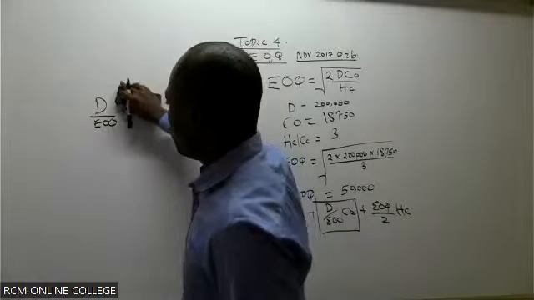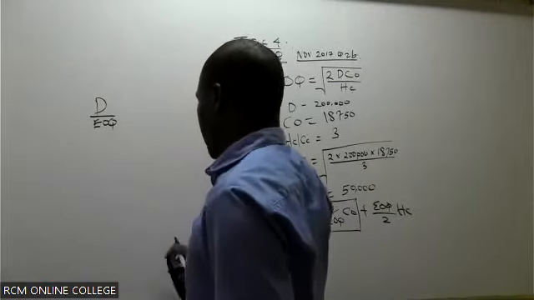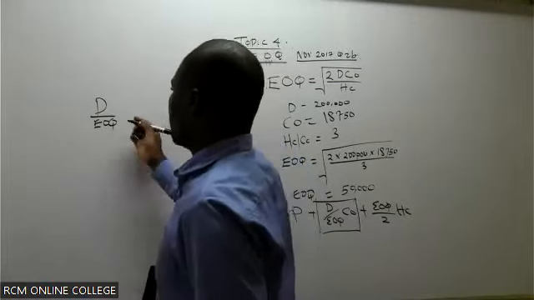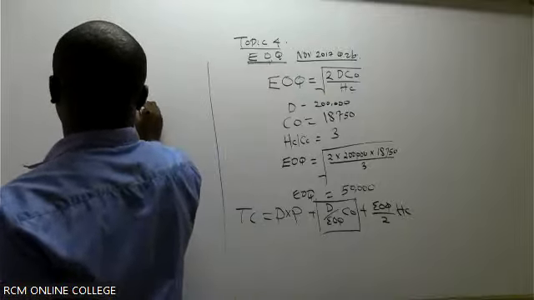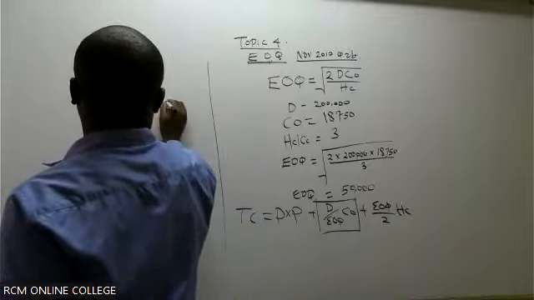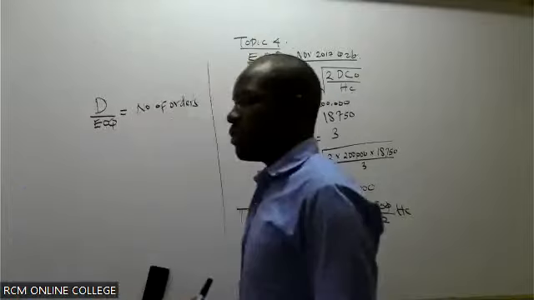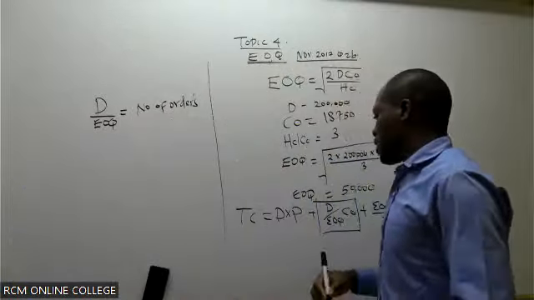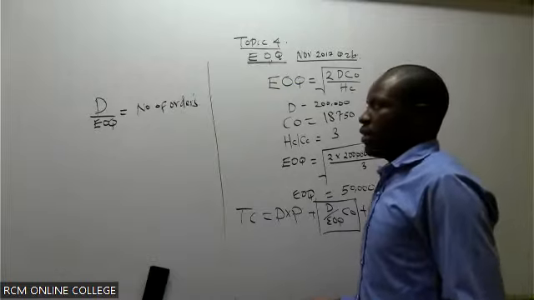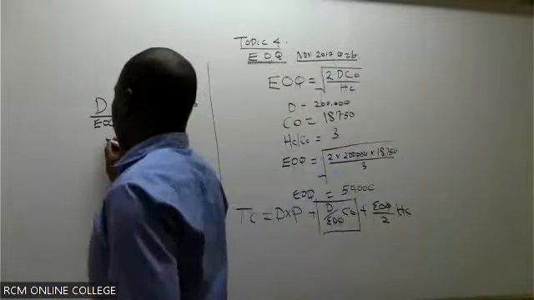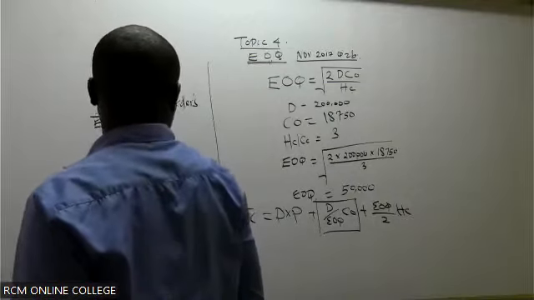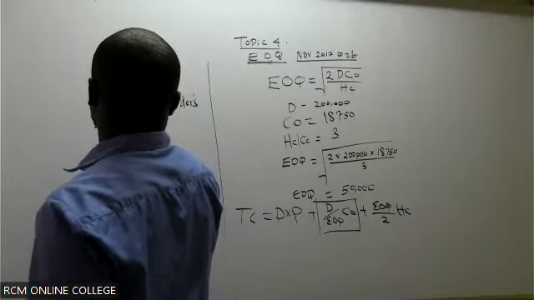If you just delete the ordering cost, this one here is equivalent to number of orders. So can we go ahead and do that? Are we able to get the number of orders? Demand. Are we given demand? Yes, 200,000.